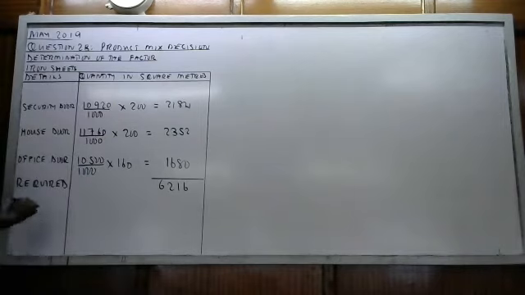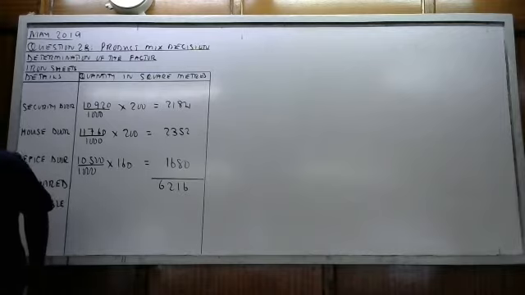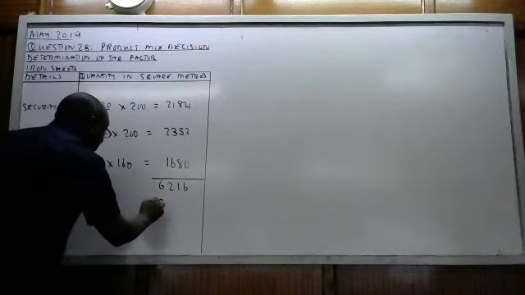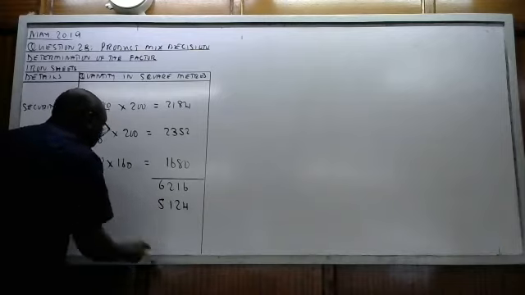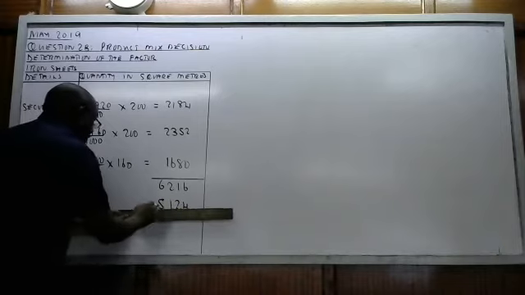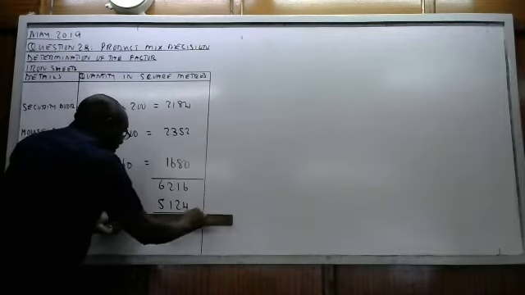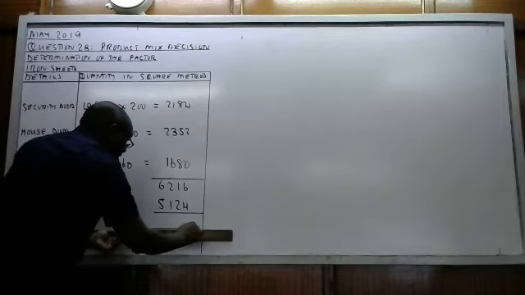That is what we require. We now compare with what is available. What is available is 5124. That tells you we have something called deficit or shortage.